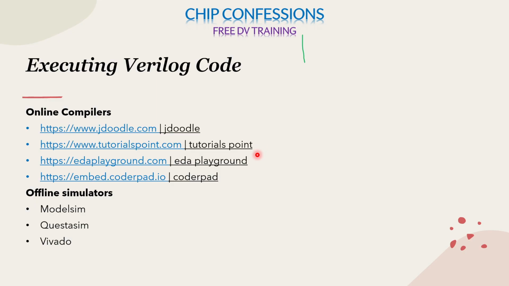Sometimes I miss and switch to SystemVerilog, but still in EDA Playground it will not show an error because it is Verilog/SystemVerilog on that website. But in JDoodle, Tutorialspoint or CoderPad, it is properly Verilog, and if you use any other constructs rather than Verilog, it will throw you an error.